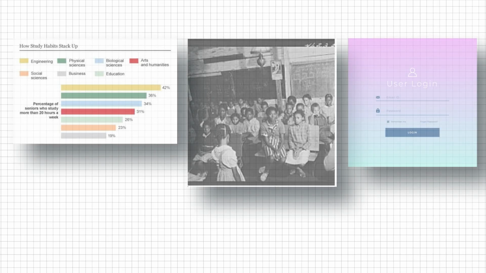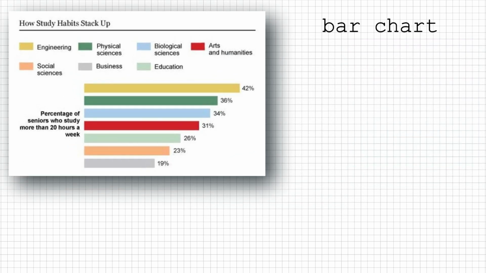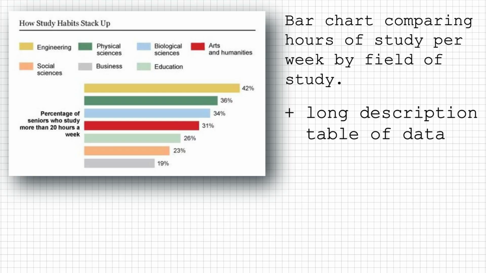Now, let's apply these guidelines to the images from the quiz. We've already replaced the alt text bar chart with bar chart comparing hours of study per week by field of study. But because this is complex data, we want to break this into 2 pieces. We'll add either a long description to the image or in the text near the image. In the long description, we might write, how study habits stack up is a bar chart that compares the percentage of seniors in different majors who study more than 20 hours a week.